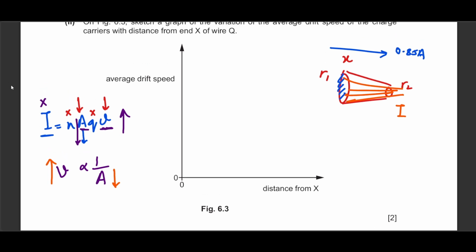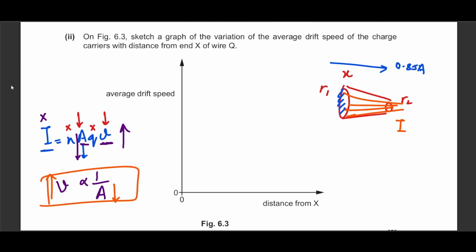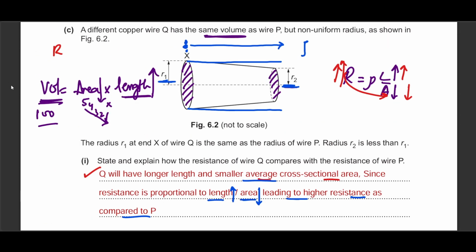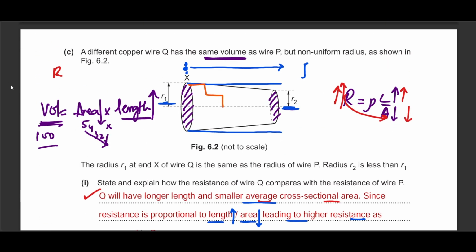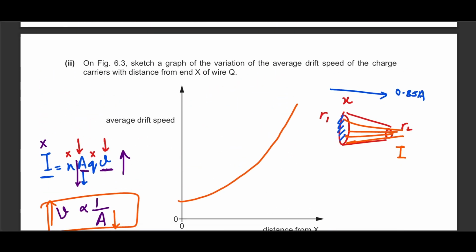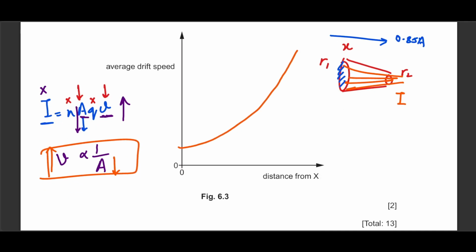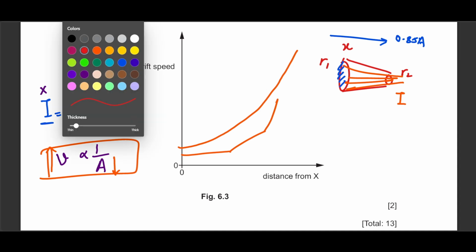Since this is a non-linear relationship, it is supposed to look something like this, an ever increasing average drift speed. Now, if, for example, there had been abrupt changes, for example, to reduce the diameter of the wire, then this graph would have abrupt changes too. So it would have gone something like this, with abrupt changes. But since it's happening smoothly, we have to show that in the graph.